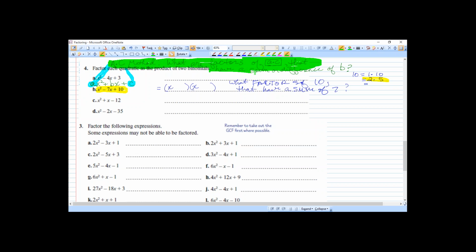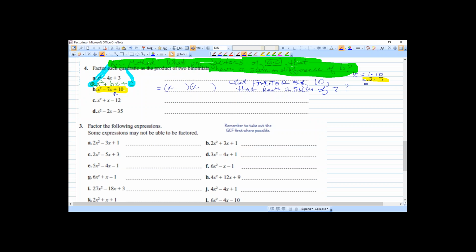So how do we tell whether to say sum or difference? Here's the deal. Notice the very last term. This is where you tell. If we multiply two negatives, we get a positive. If we multiply two positives, we get a positive.